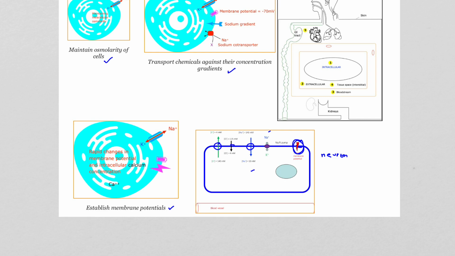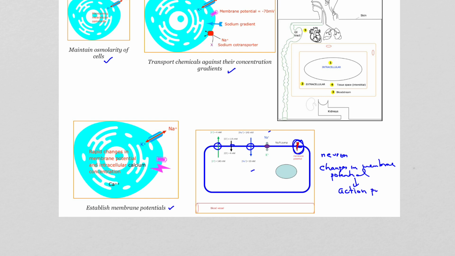All kinds of transport proteins, and these can open and close very quickly, and therefore cause very rapid changes in membrane potential. And because of these changes in membrane potential, that is what an action potential is.